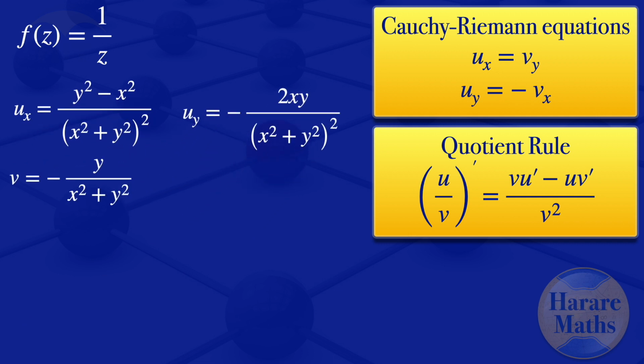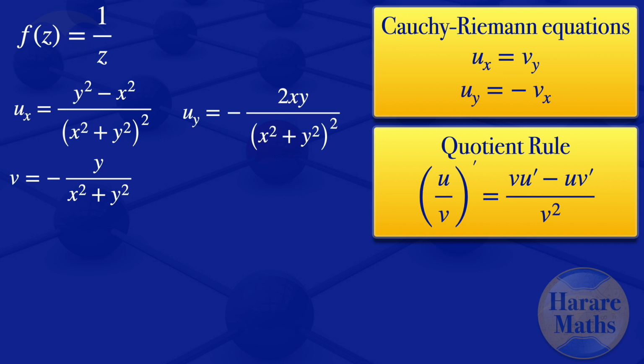We now go on and look at the partial derivative of v with respect to y. So this is our v, it's a quotient, so we use the quotient rule. I will take this part here to be my u and this to be my v, then differentiate with respect to y, treating x as if it's a constant.